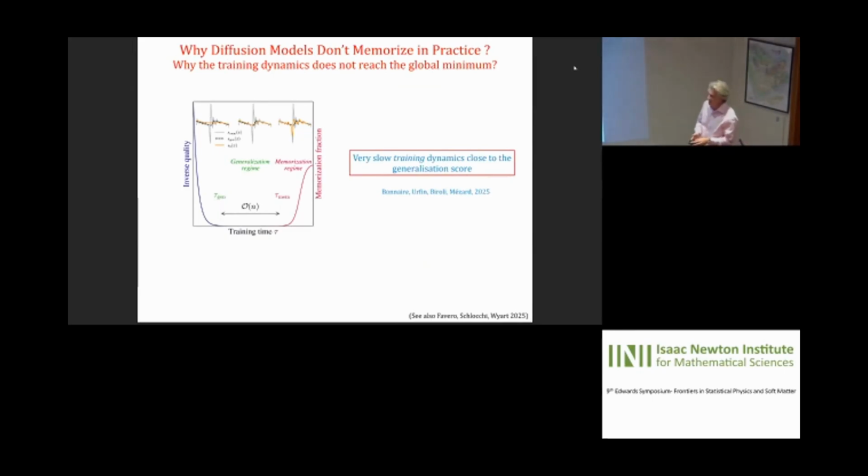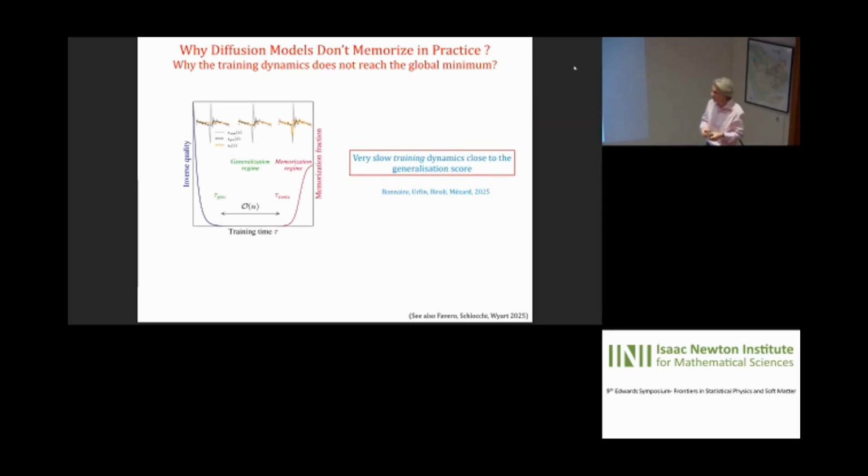You have this cost function that you have to minimize by gradient descent. You are in very high dimension, and you go down this loss landscape. Actually, the global minimum of this landscape corresponds to the score, the force field, that memorizes. But somehow the system doesn't reach this global minimum.